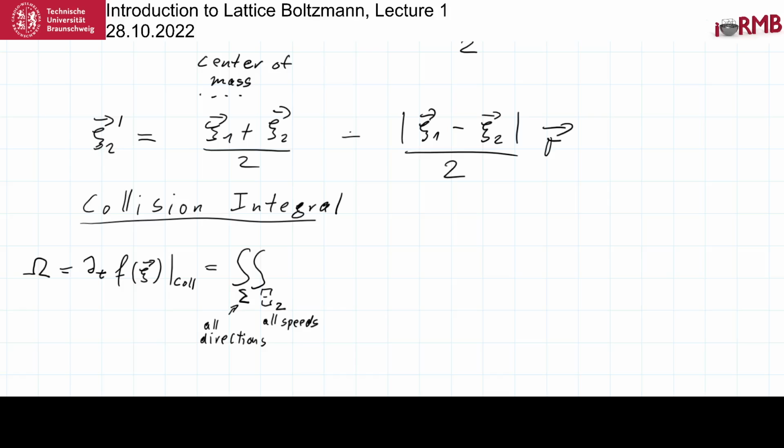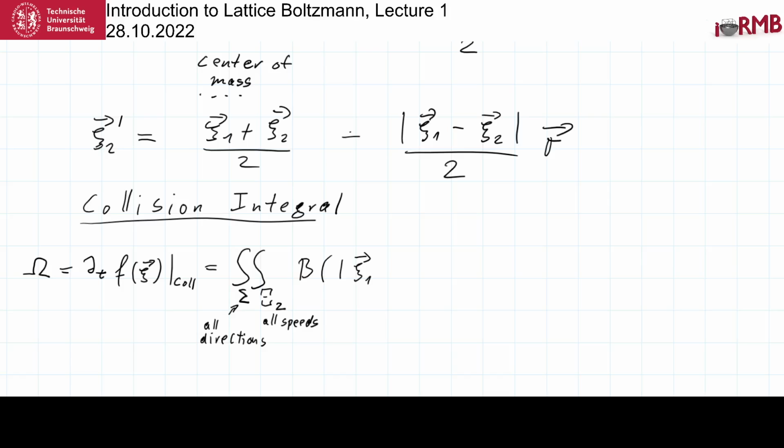So I write a capital sigma over all directions, because the small sigma is the direction. Velocity is small xi, so I write a large xi, meaning all the velocities, the entire space. So this is a large xi, if you're not completely familiar with the Greek alphabet. And now we have something called a collision kernel, a function b, which we currently do not specify.